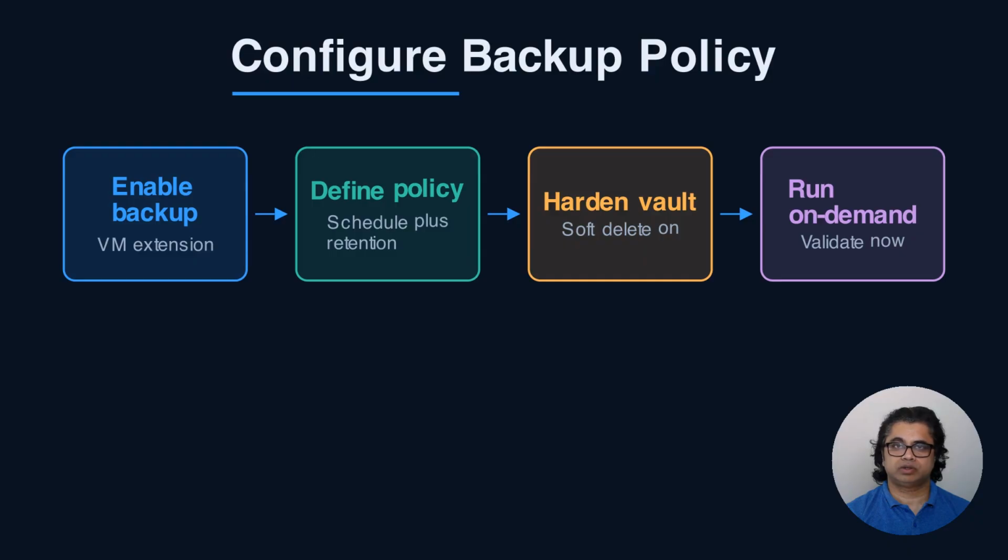If you're protecting SQL Server or SAP HANA inside the VM, use the workload-specific backup so you get log backups and 15-minute recovery points. Enable soft delete and immutability on the vault to defend against ransomware deleting your backups. Trigger an initial on-demand backup so you don't wait for the schedule to validate it works.